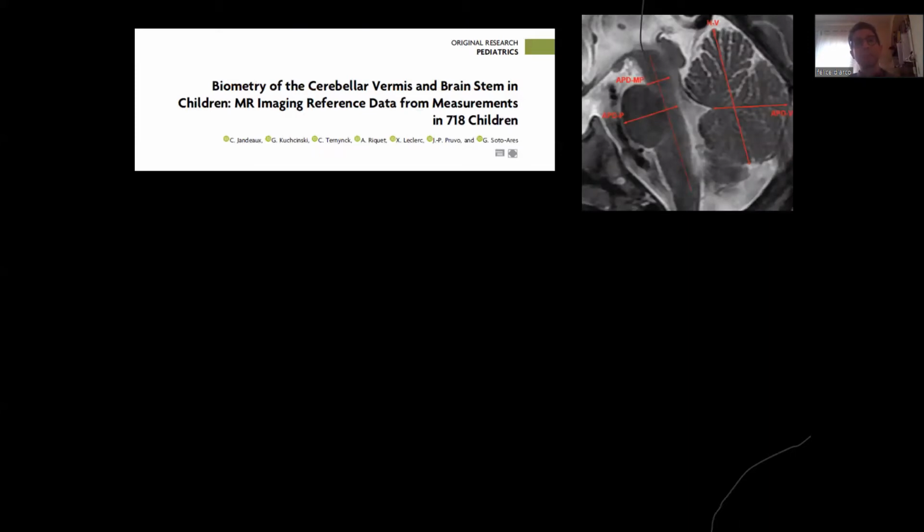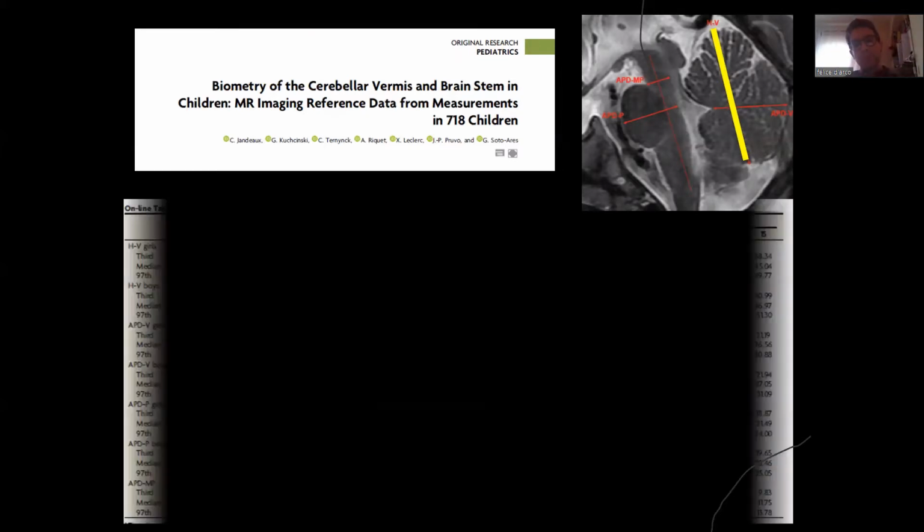And these are very interesting papers. Again, I will send this to Daria, so you will have the references. Basically, they take a lot of measurements in the posterior fossa, but the most important is this one, the craniocaudal vermis diameter.